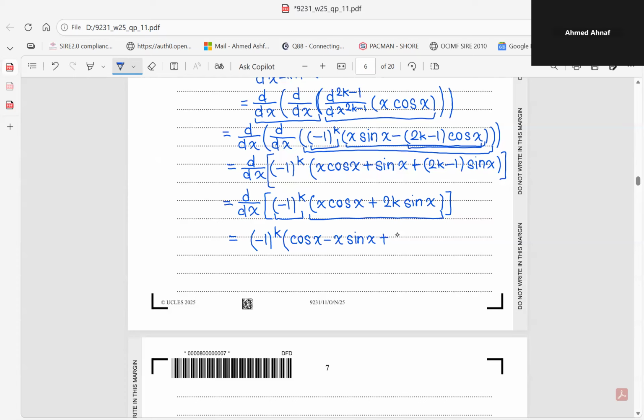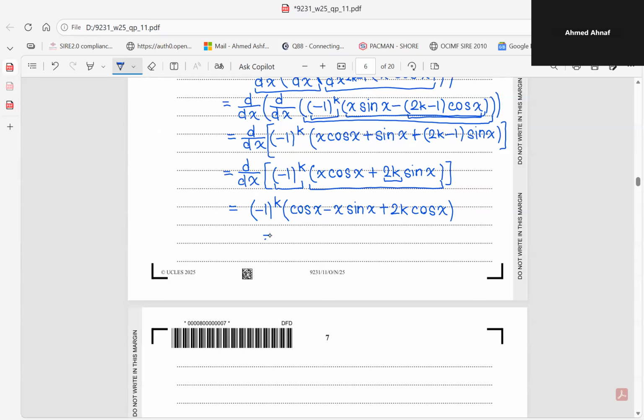Then plus 2k, a constant term, so you can leave it alone, and differentiate sine x to get cosine x. So (-1)^k times cos x plus 2k cosine x, you would get minus x sine x plus (2k plus 1) cosine x.